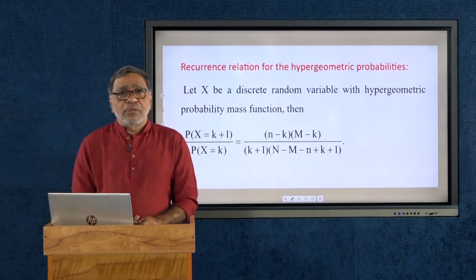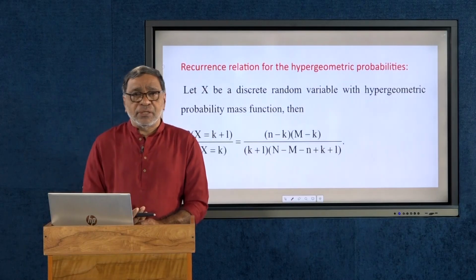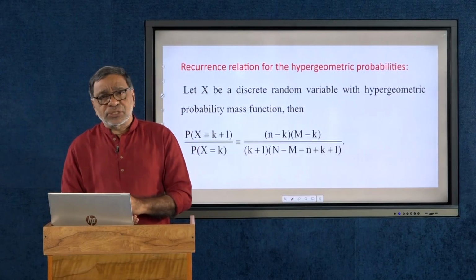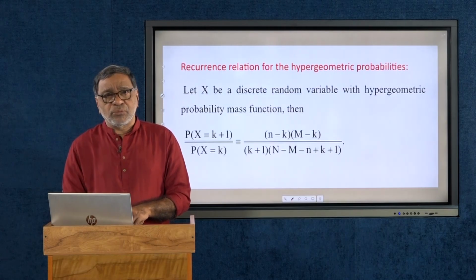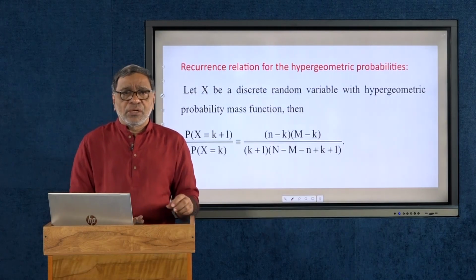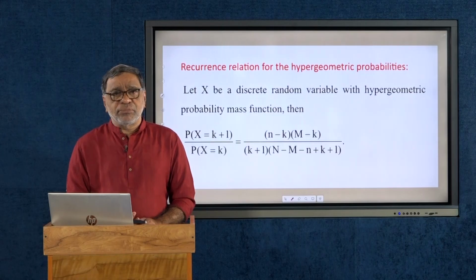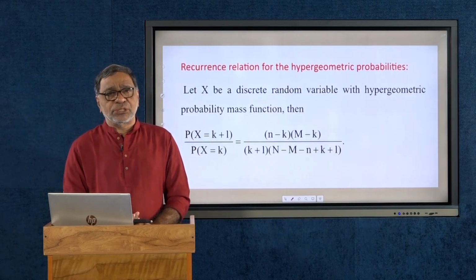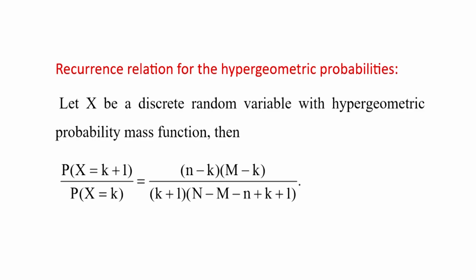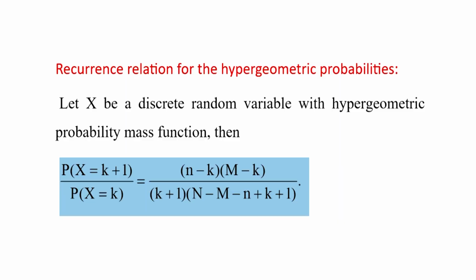Before going to the next details, let me give the expression for the recurrence relation of the hypergeometric probability also. It is very easily established by just substituting the probability mass function of the hypergeometric probabilities. So, let X be a discrete random variable with a hypergeometric probability mass function, then we can write the probability of X equal to k plus 1 divided by the probability of X equal to k like this.